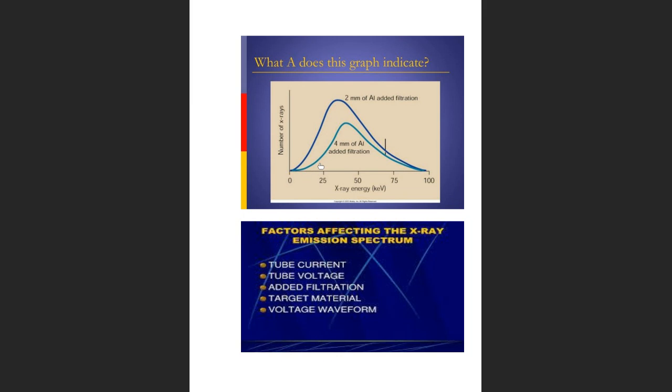So a lot less low energy are coming through. So it just condensed the energy. The kV didn't change, right? So it stayed right there. So the peak energy of the beam was the same, but it's a harder beam. More of the X-rays have higher energy.